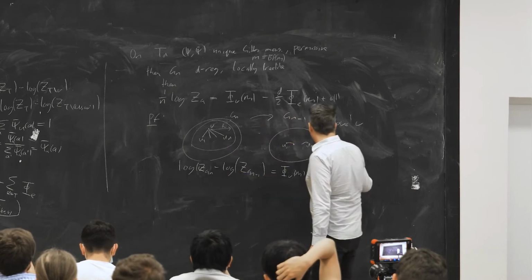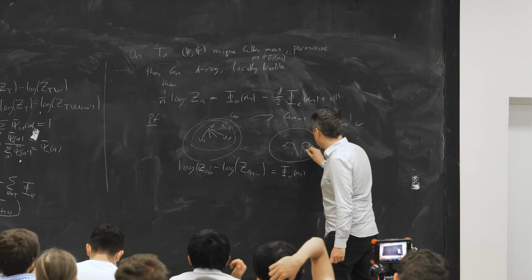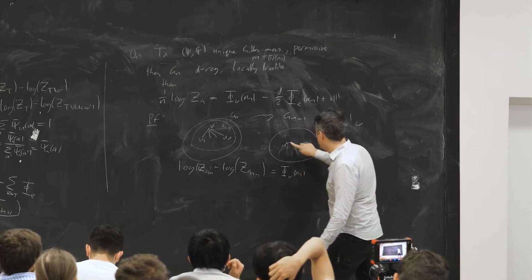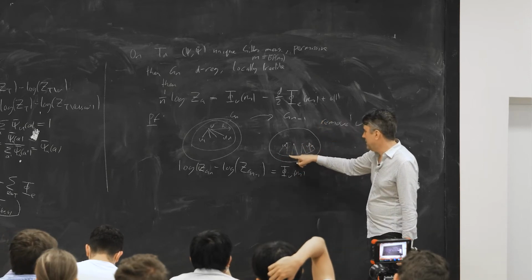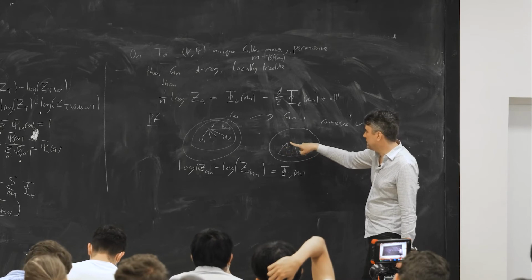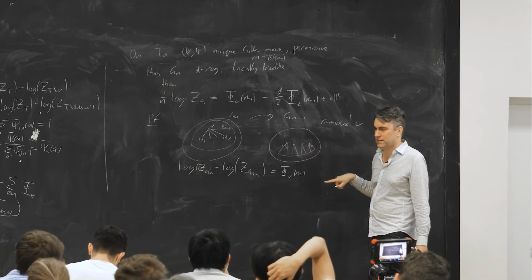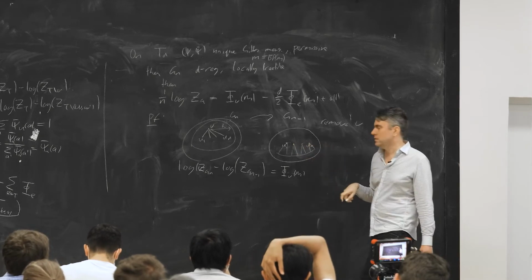Once I've ripped out V, the local neighborhood now looks like D trees where they're D-regular, except the roots have degree D minus 1.